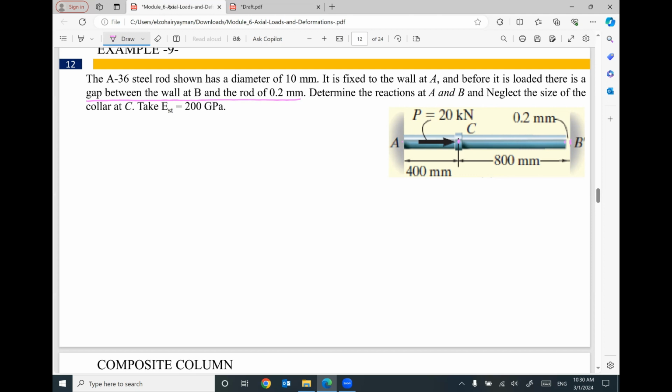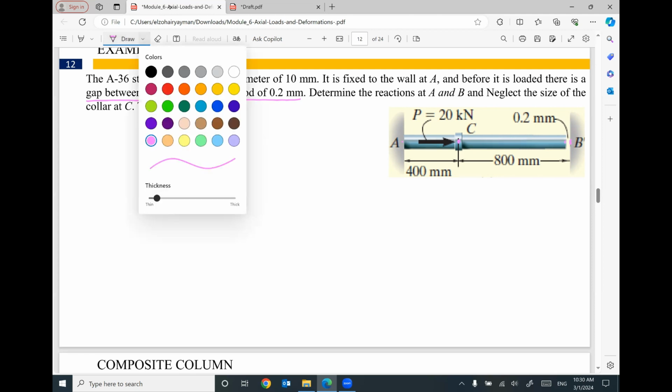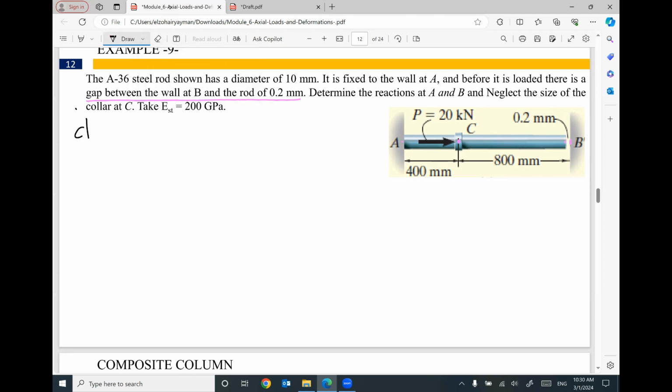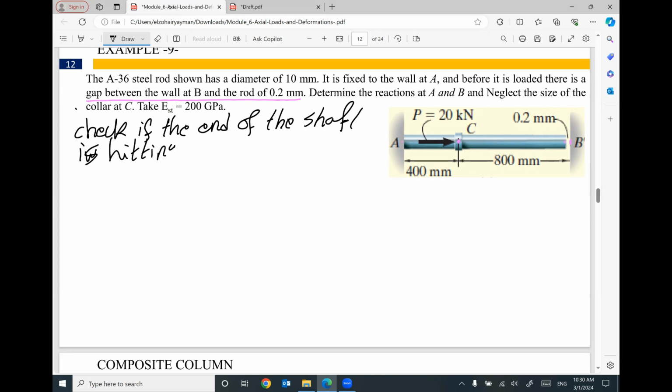So we need first to check if the end of the shaft is hitting the wall at B. How can I do this?